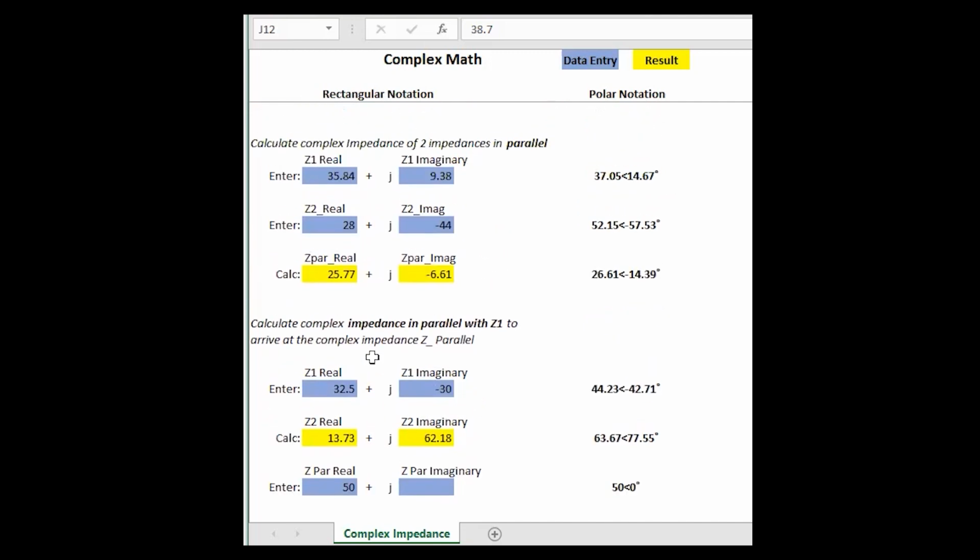Now, just for grins, let's see, if I put up here 32.5 plus J minus 30, and then I get down here and I enter 13.73 plus J 62.18, then it should calculate for me down here 50 plus J0, right?